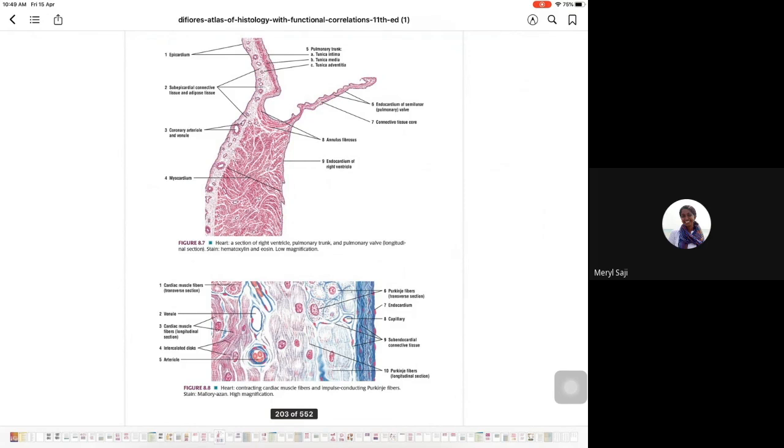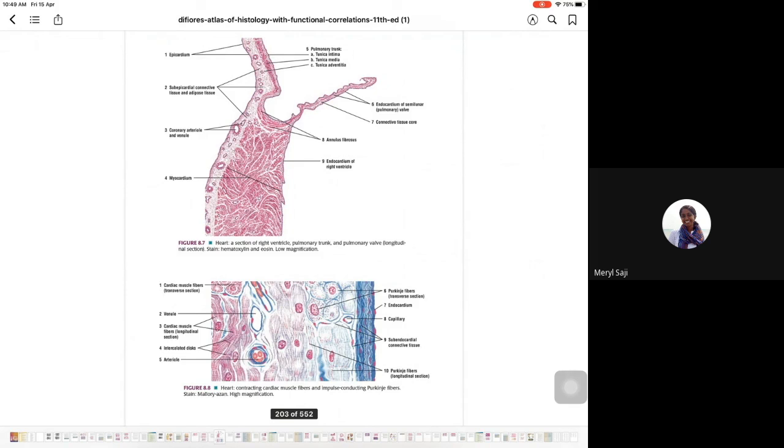Figure 8.7. Heart, a section of right ventricle, pulmonary trunk and pulmonary valve, longitudinal section, stain H and E, low magnification. Epicardium and subepicardial connective tissue and adipose tissue, showing the coronary arterioles and venules. And then the inner myocardium.